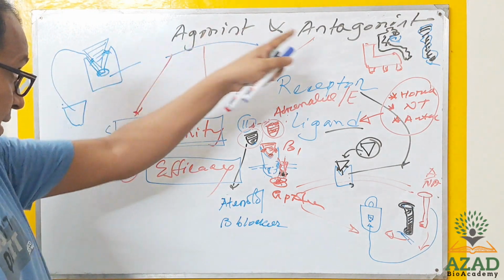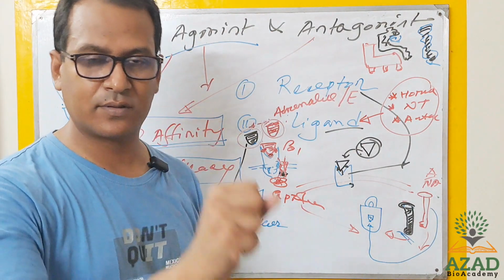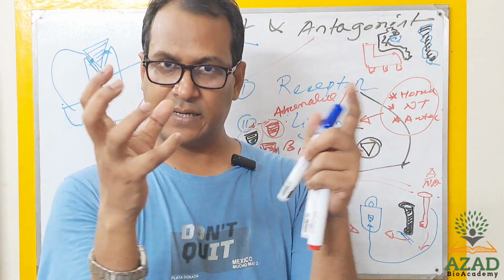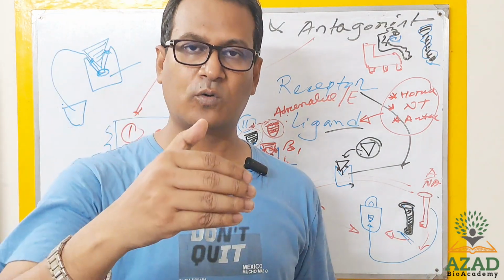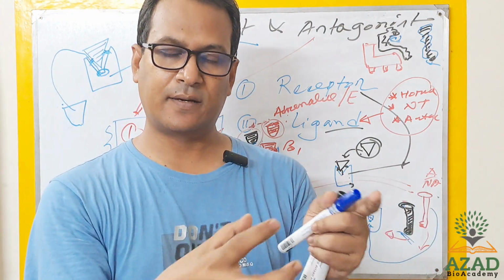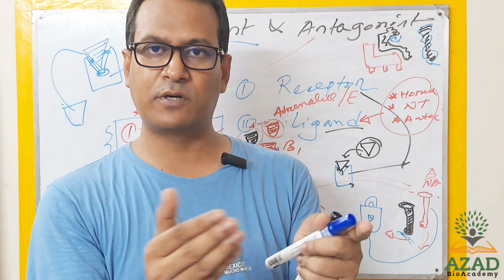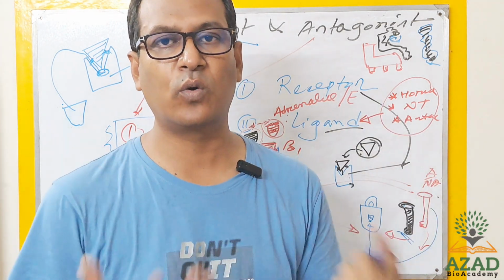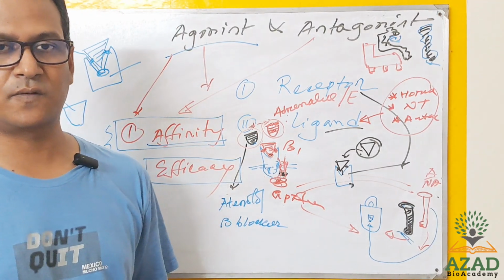But the antagonist will bind with the receptor. It also has binding capability, but has no ability to best fit with the receptor as the agonist does, and it has no intrinsic activity.